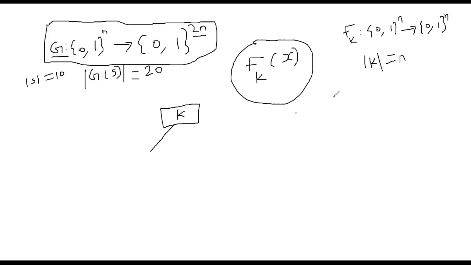Let's take an example. Suppose our goal is to compute fk of, say, 00 in binary. Let's say we have a 2-bit number, mapping a 2-bit number to a 2-bit number. Let's say our g only transforms a 2-bit number to a 4-bit number. So what will happen now is that we will first evaluate g0 of k, meaning we evaluate g at point k and select the first half, right?